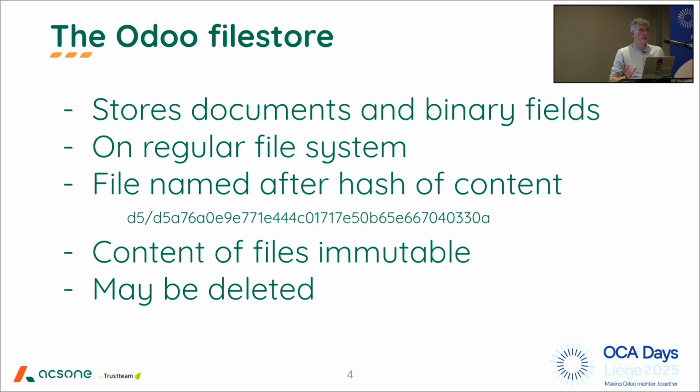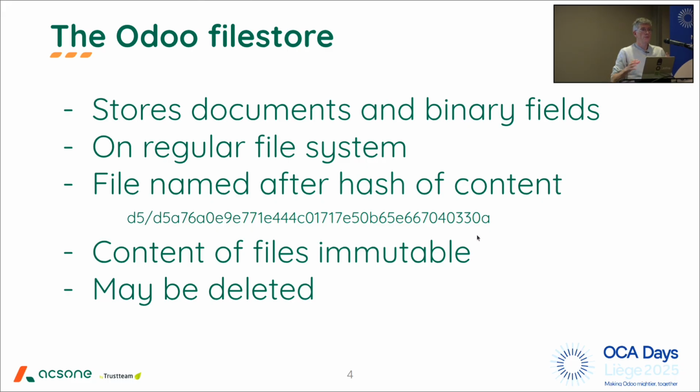So a quick recap about the Odoo file store. You probably know about it. That's the part that stores the documents and some binary fields of Odoo. It's a smart system. It's very simple. It stores them on a regular file system, and the files are named after a content hash of their content. That's why you see these files.